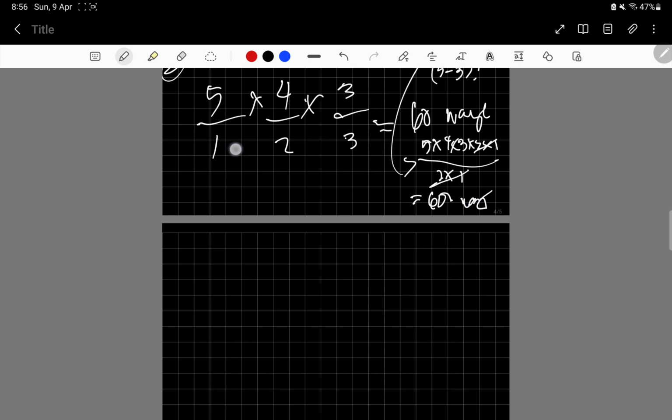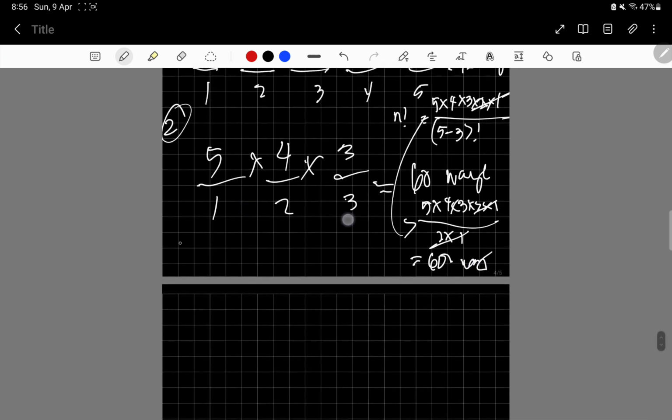Dito sa second scenario natin, yung n natin is the total number of options na meron tayo, which is 5. Then yung r natin, if we are going to apply the formula, permutation of n objects taken r at a time, yung available na chairs na meron tayo, which is 3.